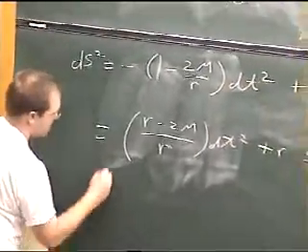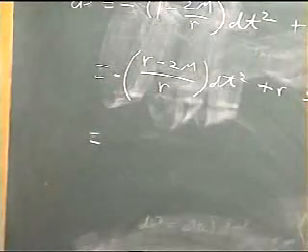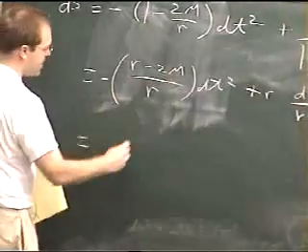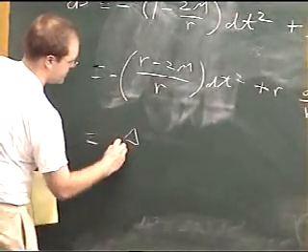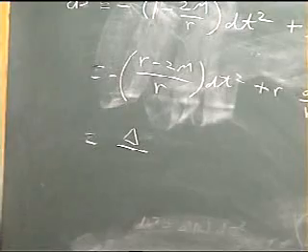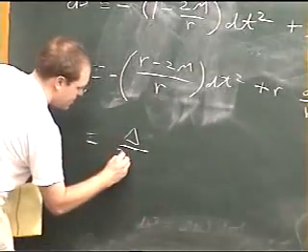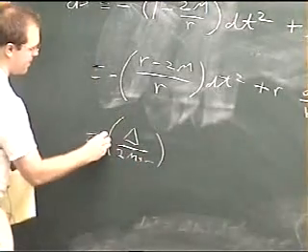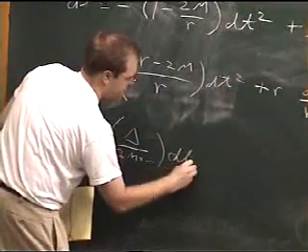So now, forgot the minus sign. What do we have here? r minus 2m is just delta. r is 2m plus some correction term, dt squared.